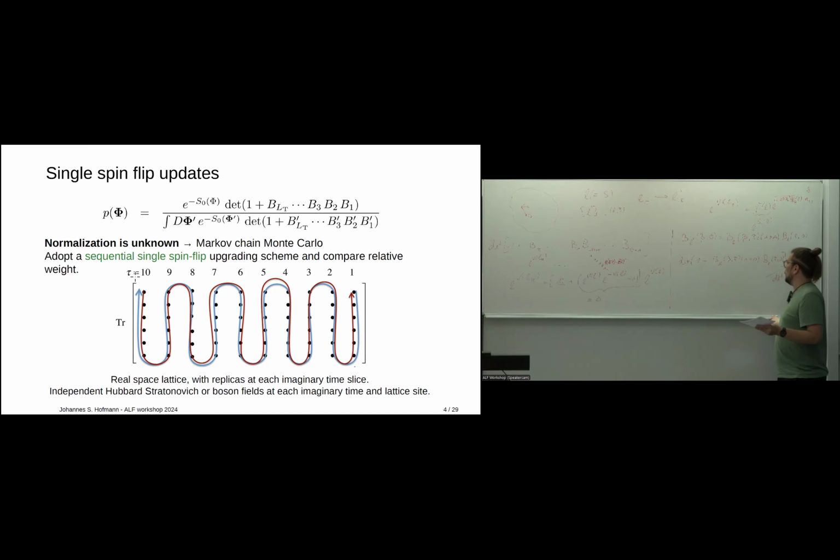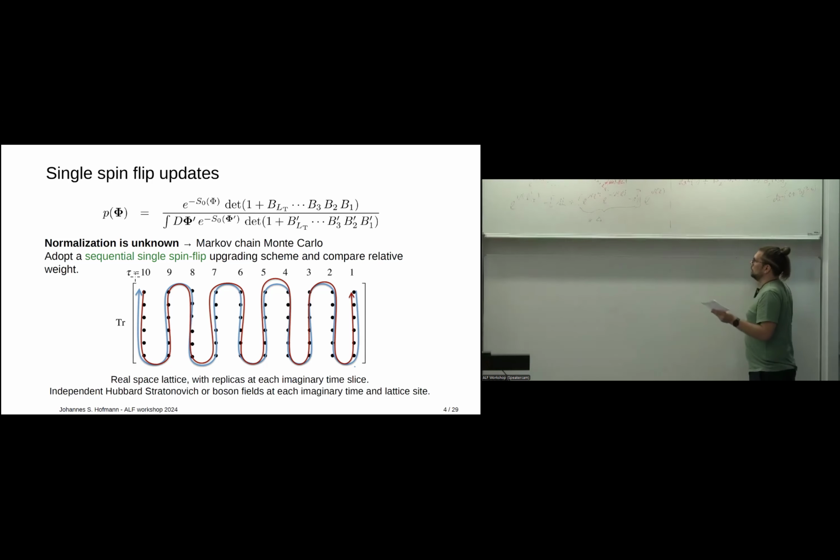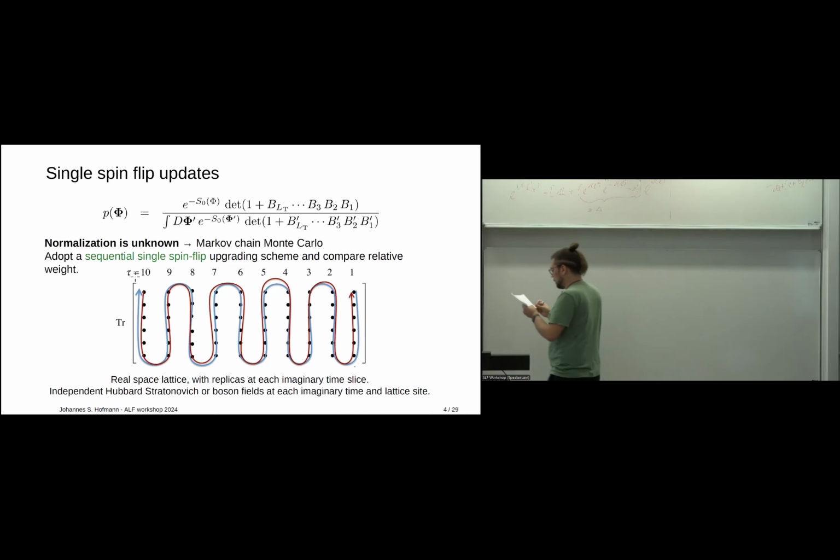I won't be going through all the steps of the derivation, but it's actually quite straightforward to see that if I look at this ratio, I can write it as the determinant of the identity plus this changing matrix delta times BL from tau to 0, times 1 plus BL beta to 0 inverse, times BL from beta to tau.